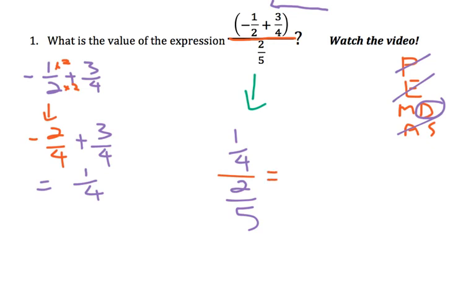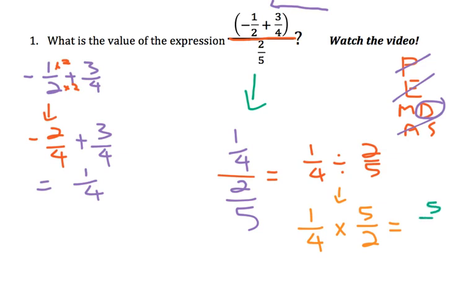So this problem literally is the same as 1/4 divided by 2/5, but I'm going to rewrite it now as a multiplication problem, where I'm going to multiply by 5/2. And when we're multiplying fractions, we can just multiply across. 1 times 5 would be 5, 4 times 2 would be 8, so this whole expression is equal to 5/8.